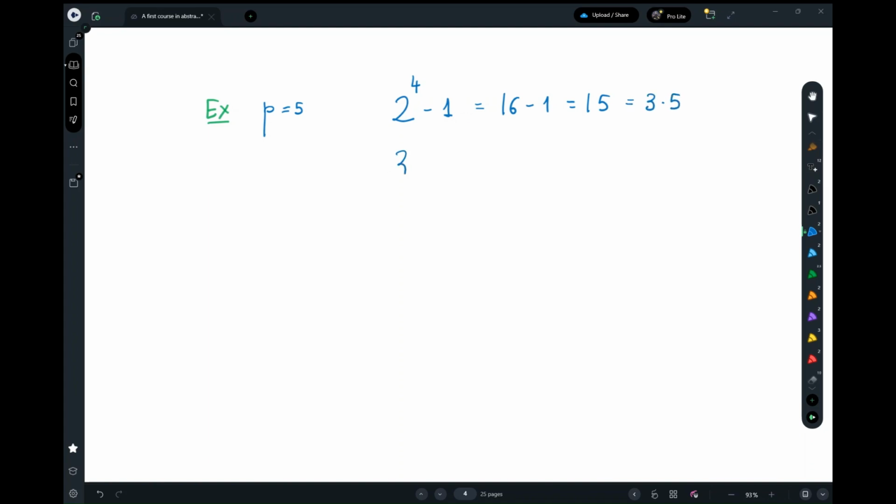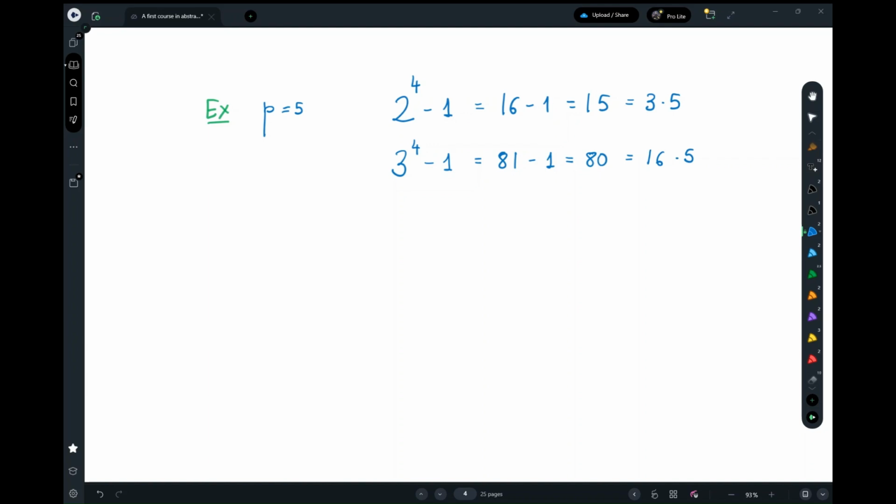What about something like 3 to the 4 minus 1? This is also divisible by 5. 3 to the 4 is 81 minus 1. That is 80. And that is a multiple of 5. That is 16 times 5. Yes.